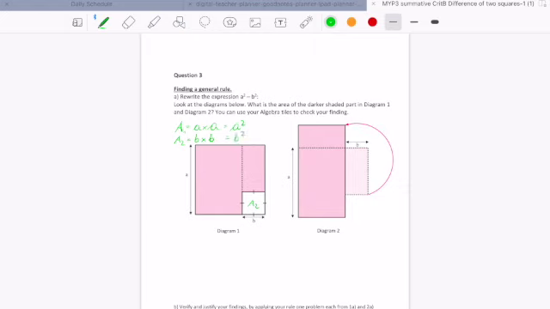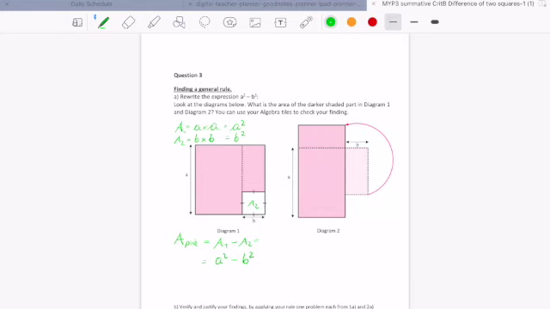So I told you that the area of that pink shape is equal to A1 minus A2, which is A squared minus B squared. So that's what I told you already.